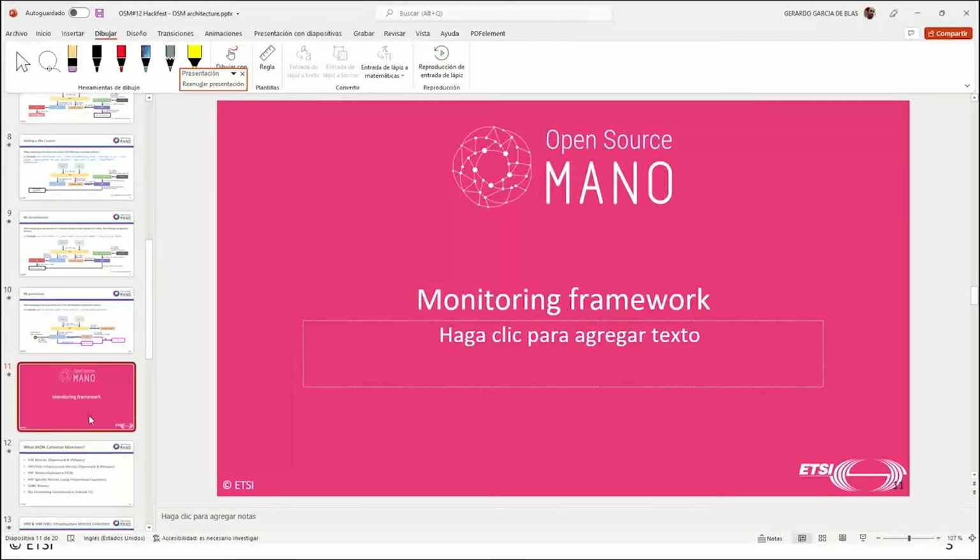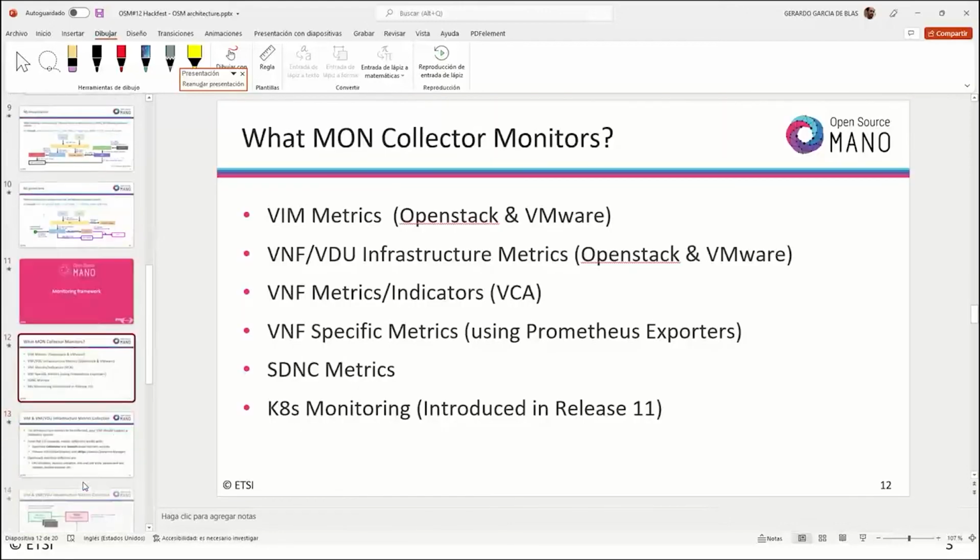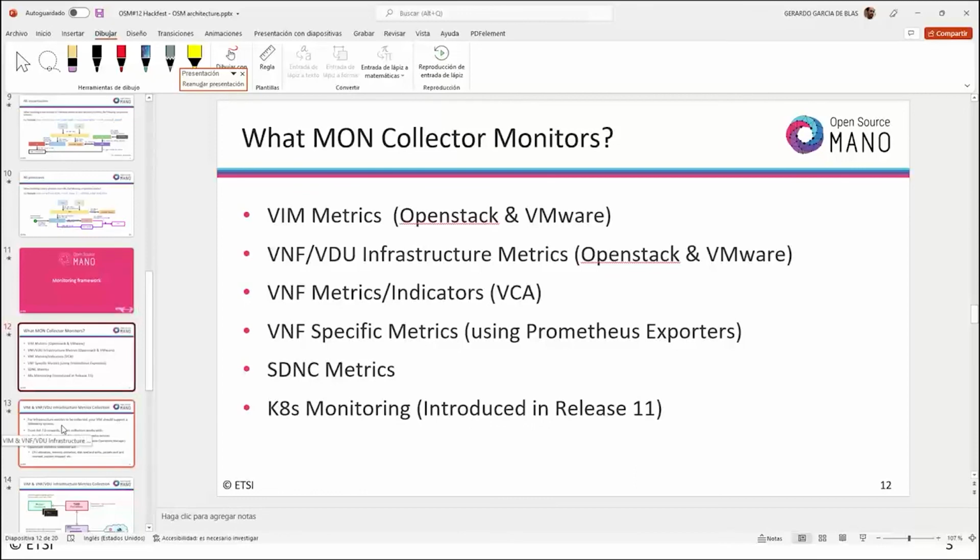I had included some slides related to the monitoring framework, about which Subankar made a good presentation recently. I think that you have them here. I think there is not enough time to cover them, but in general, in the monitoring framework in MON, there are collectors that are in charge of collecting metrics.